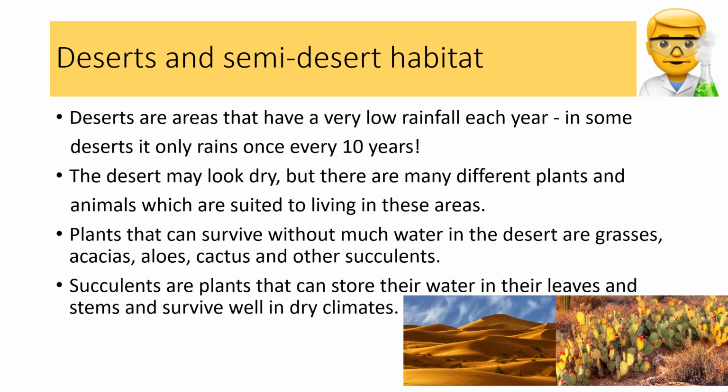Plants that can survive without much water in the desert are grasses, acacias, aloes, cactus, and other succulents. Succulents are plants that can store the water in their leaves and stems and survive well in dry climates.